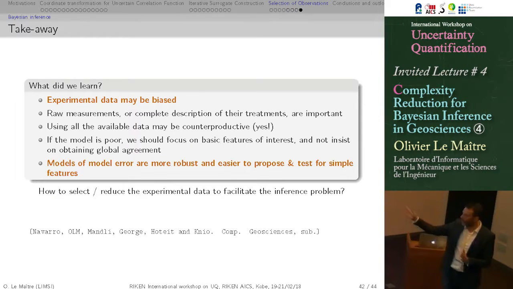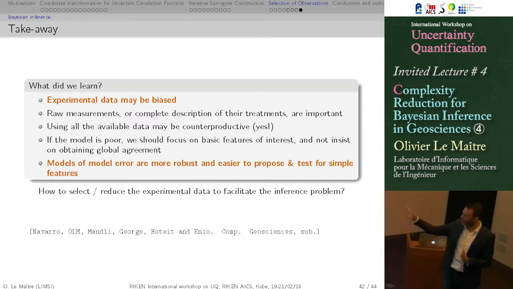I mean, I'm pretty sure that most of the time they are biased, they are transformed, and they do things that you will never know unless you ask and you are close enough to the experimentalist so that he can reveal all the dirty secrets. But you should be very suspicious. And very suspicious, even though apparently the inference run perfectly well because you get very sharp determination of your posterior. In this case, it was more an indication that something was fishy, right?